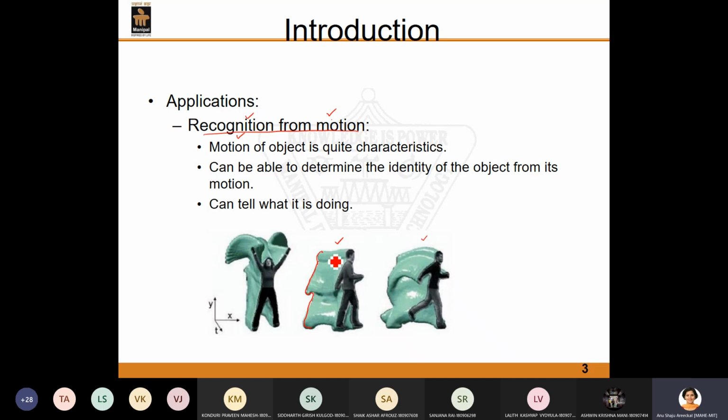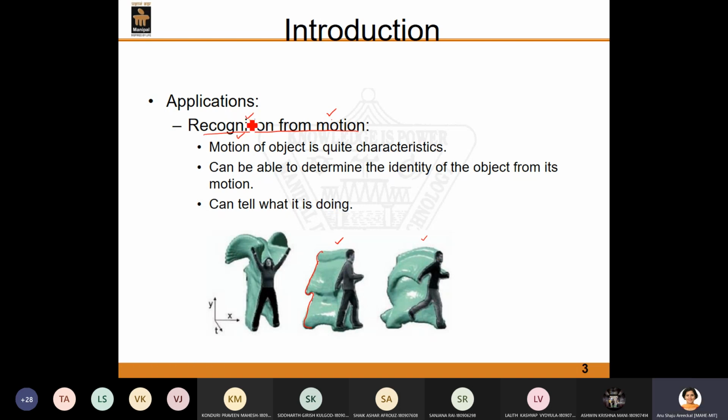So for example, you can say that if you have this kind of pattern in which the trajectory or the motion is, then it can be recognized as walking. Otherwise, if it is this one, it can be recognized as running and so on.